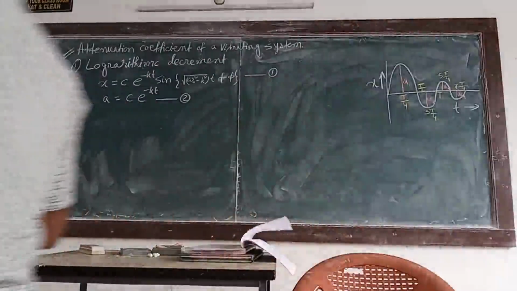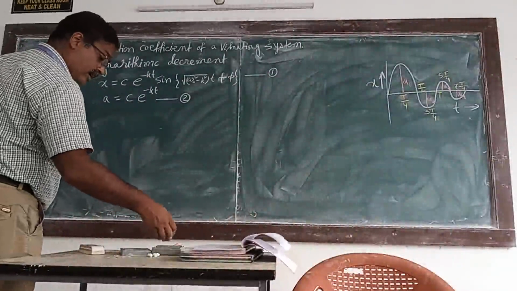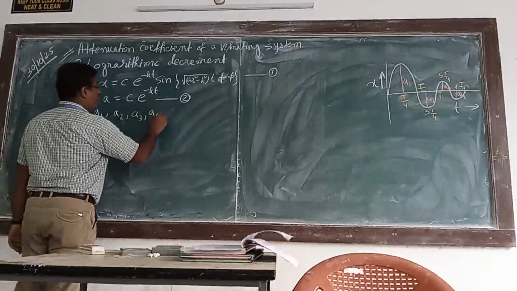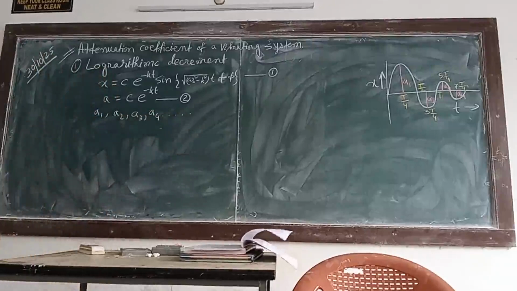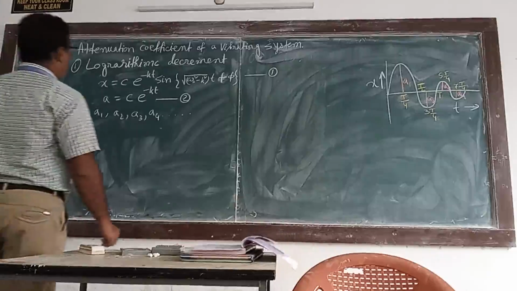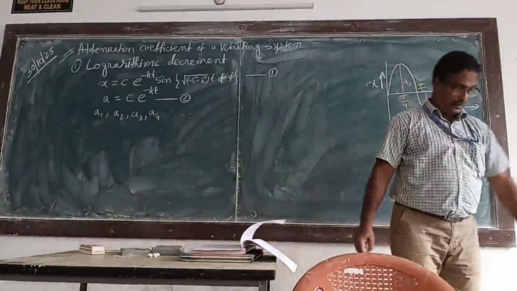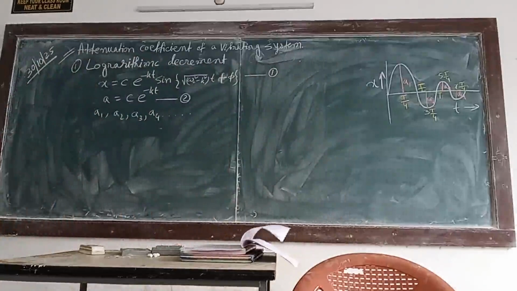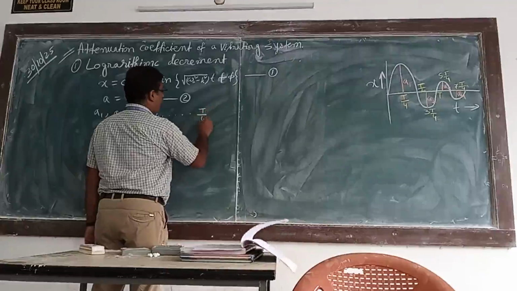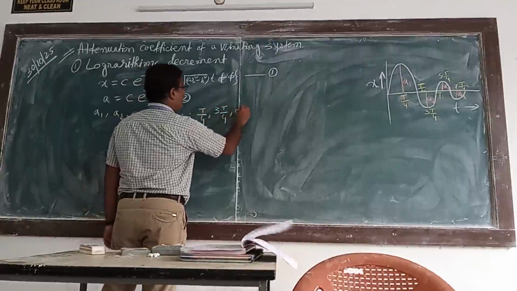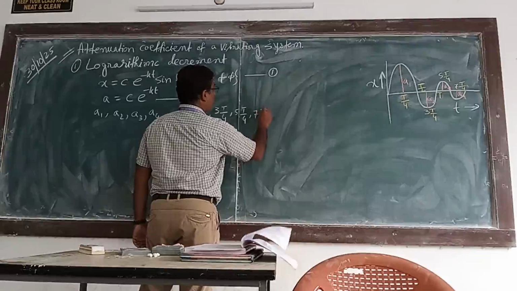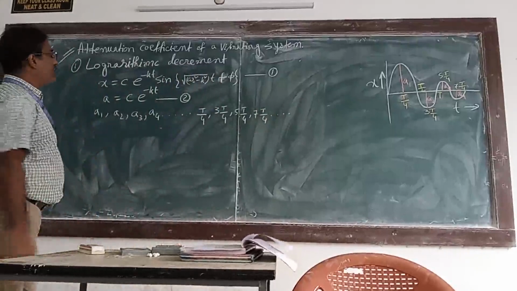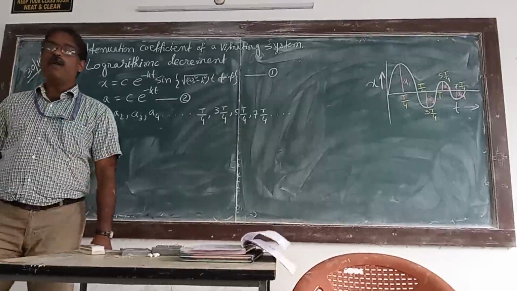Let A1, A2, A3, A4 be the successive amplitudes at time T by 4, 3T by 4, 5T by 4, 7T by 4 respectively.